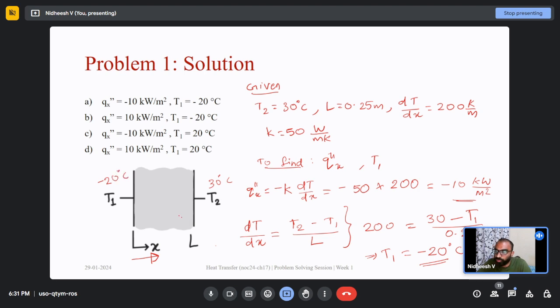So in which direction is the heat flow happening? The opposite direction to x, right? From higher temperature to lower temperature. That is why we are getting negative heat flow, because we consider x towards the right, whereas the heat flow is happening in the opposite direction.